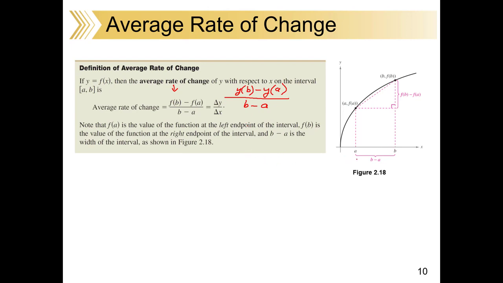Functionally on the graph, notice that a is on the left and the b is on the right. When you want to find out what the change in x is, you take the second one minus the first one. If you want to find out what the change in y is, you take the second value of the function minus the first value of the function.